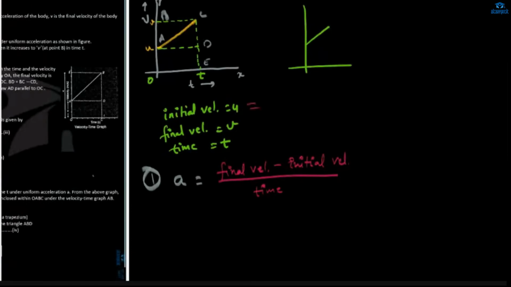Initial velocity u we can write as OA, final velocity as OB, and time as OE. Now putting the values in this equation: final velocity OB minus initial velocity OA, and time is OE.